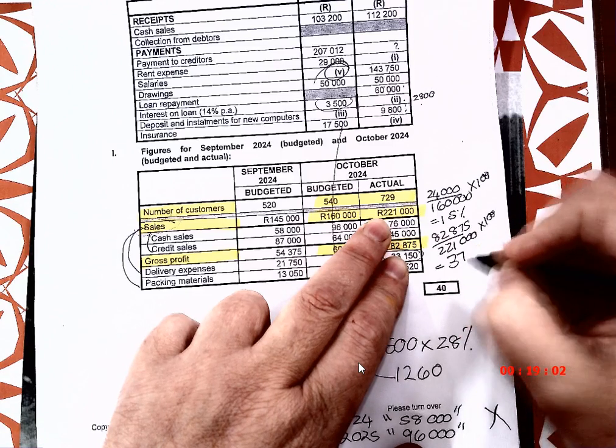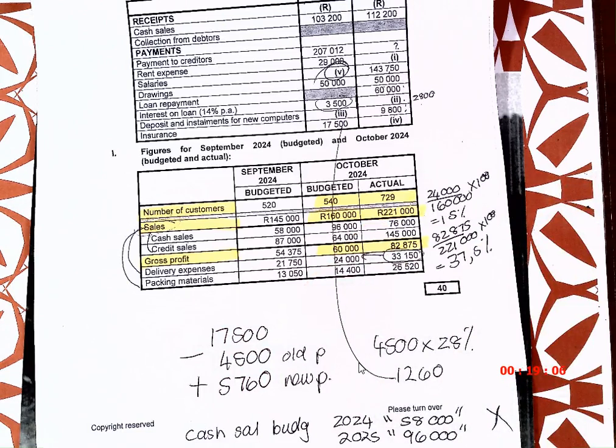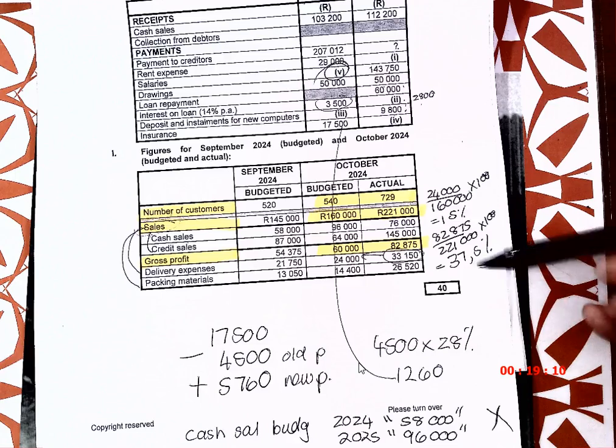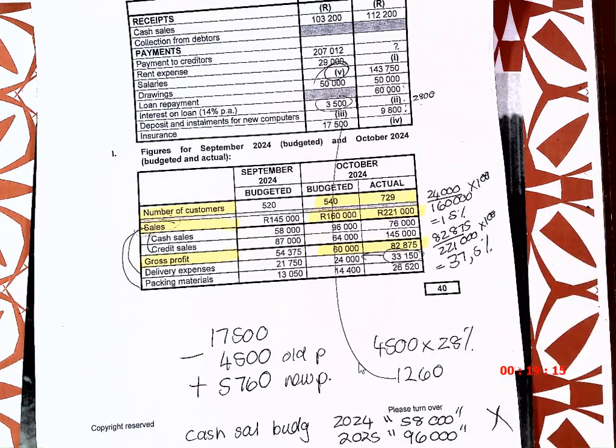So now I'm asking you, was there good control? Definitely not. If that actual percentage was the same or less than budgeted, then there was good control. But they totally overspent.